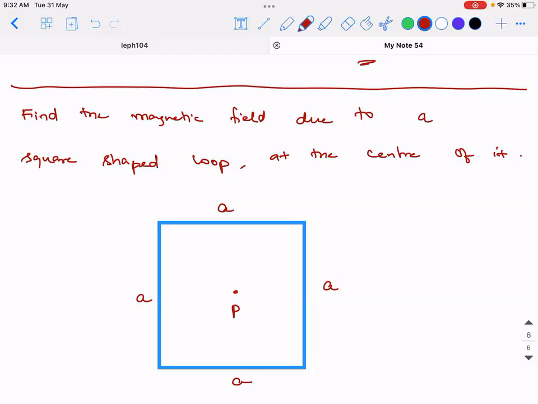Okay. Now listen to this. If this is A, B, C, and D, the current in the loop is going to flow, let's say, in the clockwise direction. When this is going to be the scenario, our job is to find the value of magnetic field due to this kind of a system at point P. So how do we proceed?